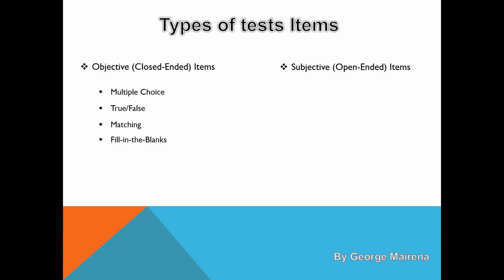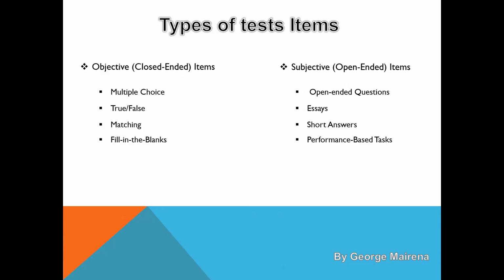Now, some of the subjective items that we got, as I mentioned before, are the open-ended questions. Remember that if you ask a question, the kind of answer here can vary because Maria's opinion is going to be totally different from Charlie's opinion, right? So in that case, they are called subjective. Okay. We also have essays.